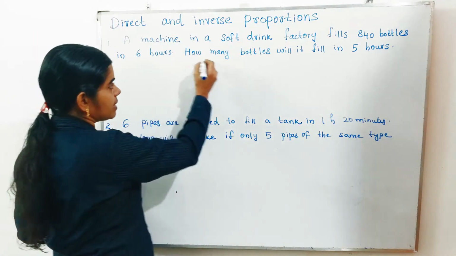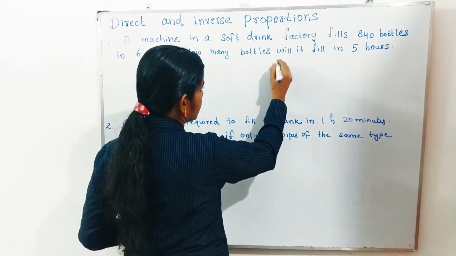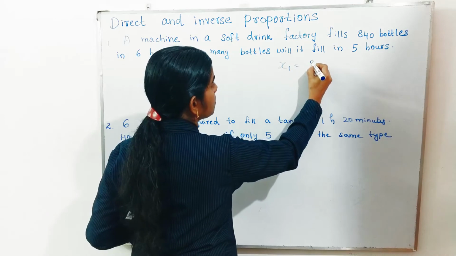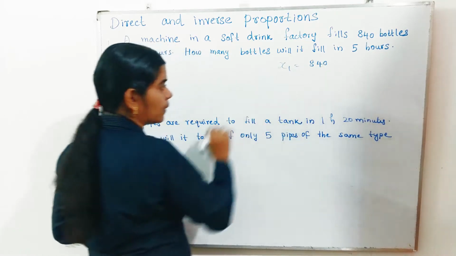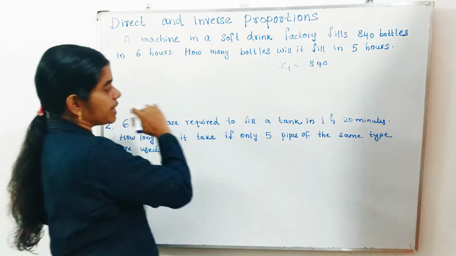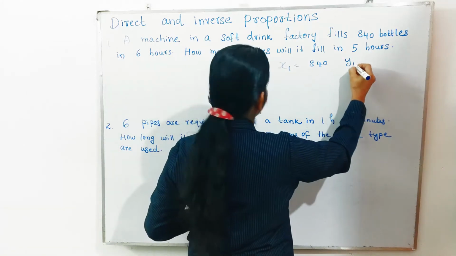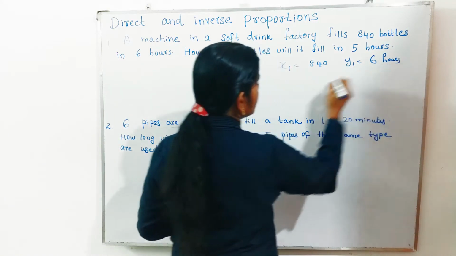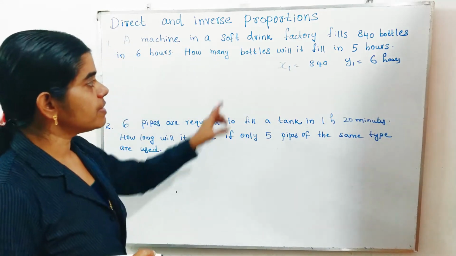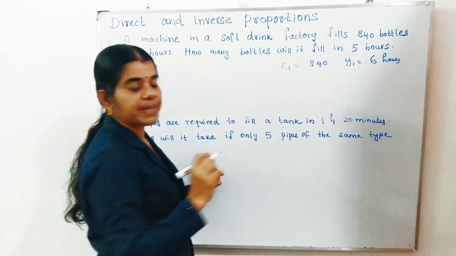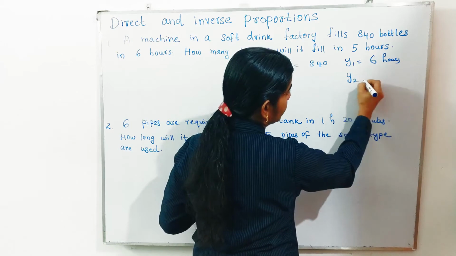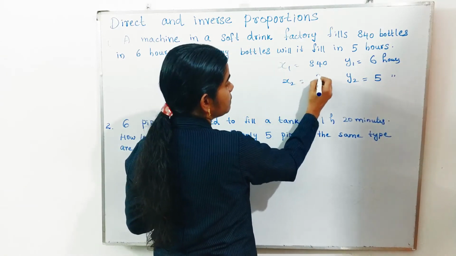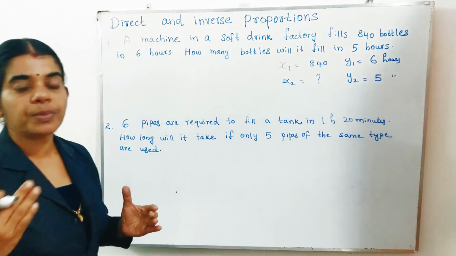Here we can take x1 as 840 bottles, and the corresponding y1 is 6 hours. Next, 5 hours is given, so y2 is equal to 5. x2 is what we want to find out: in 5 hours, how many bottles?